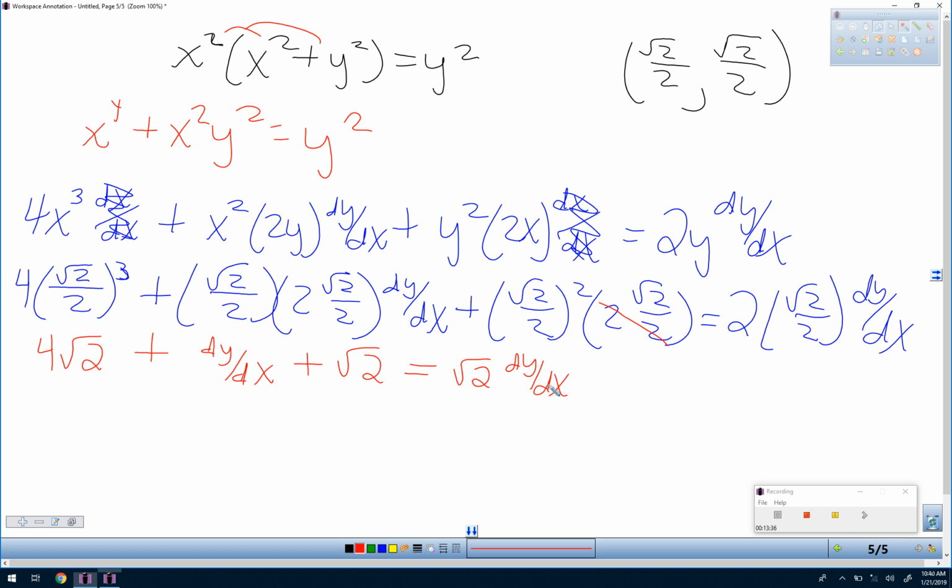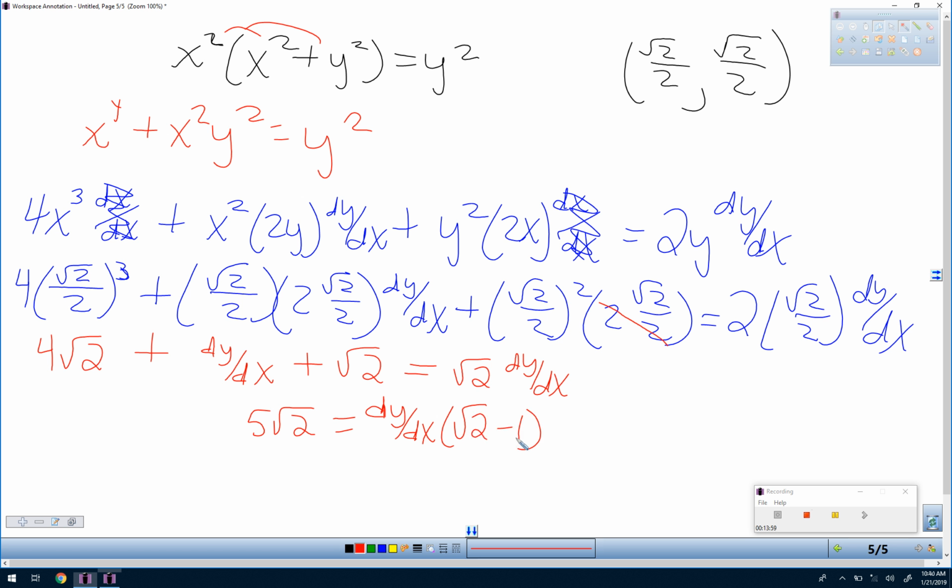And so then what I would do is subtract the dy over dx, and that would give me 5 radical 2 is equal to, and if I subtract 1, I'm going to go ahead and factor out dy over dx, and then that would be radical 2 minus 1.